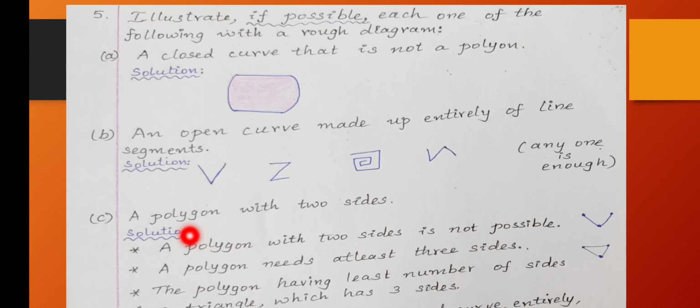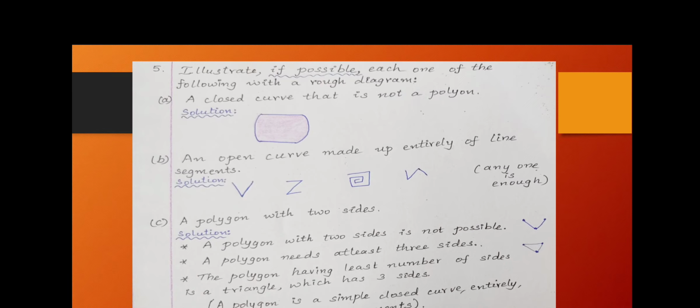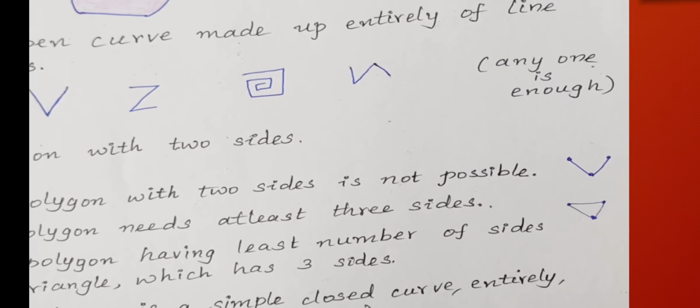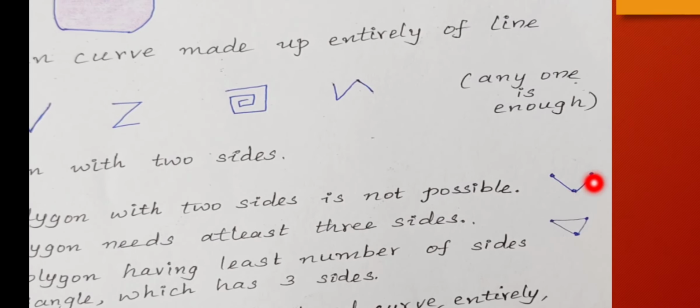Now illustrate a polygon with two sides. See, only with two sides. Here I have given two figures. The first one is having only two sides and three vertices.